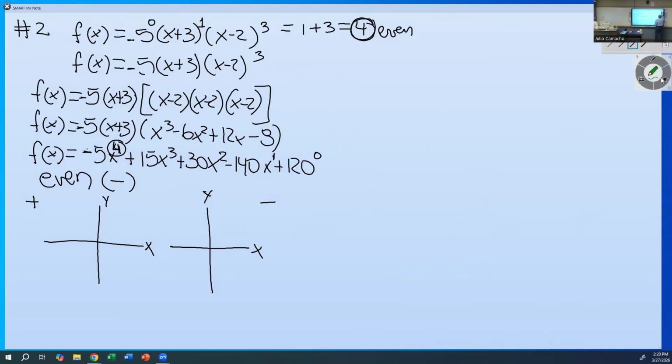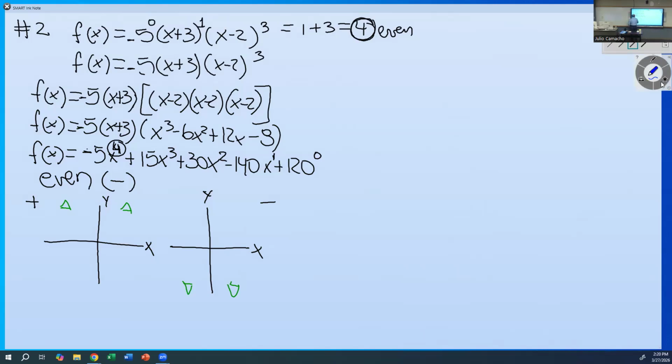We know that all positive even functions, without exception, will always be up, up. And all the negative even functions will be down, down, because even functions, regardless of whether it's x to the 4th, x to the 2nd power or x to the 6th power, are parabolas. All are parabolas.